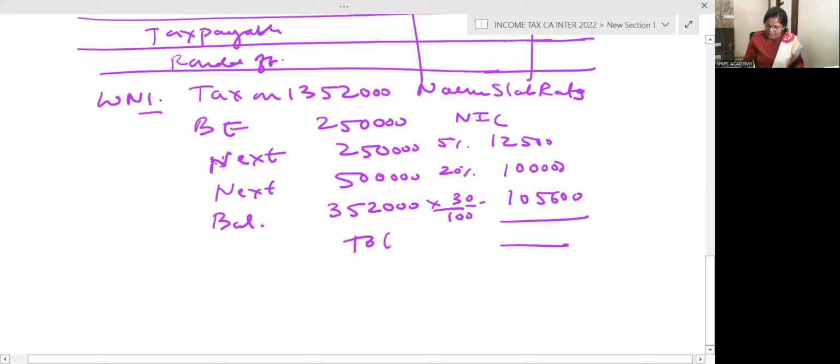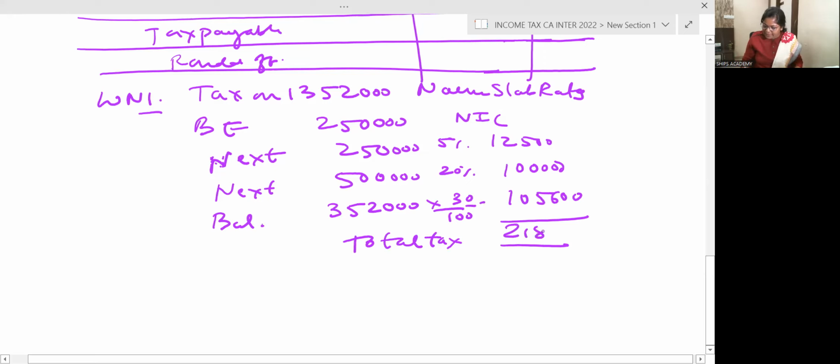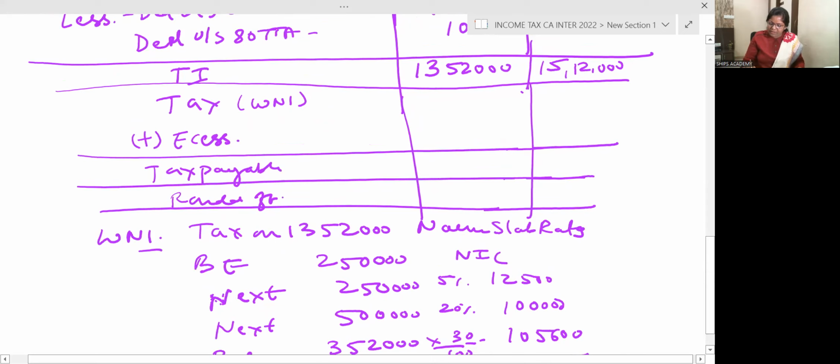So the total tax without ESS, ऊपर add कर देंगे, and surcharge and rebate is not there. It is tax coming to 2,18,100. Are you all with me? 2,18,100 और यहाँ लिख दो.